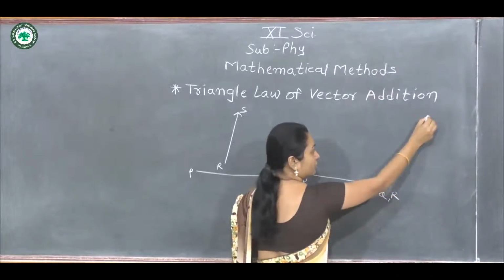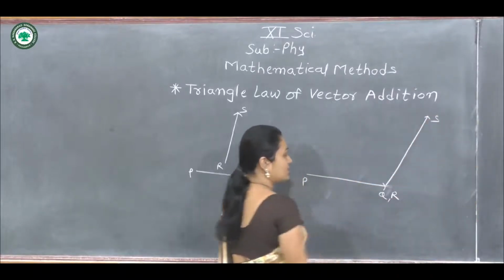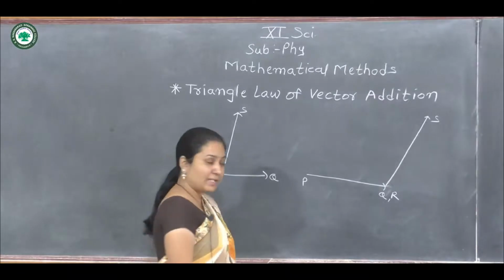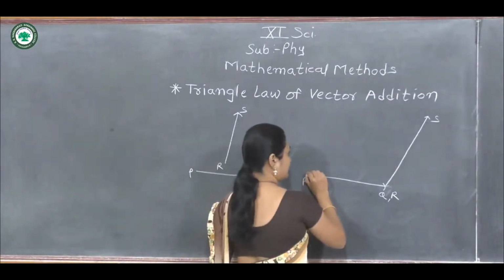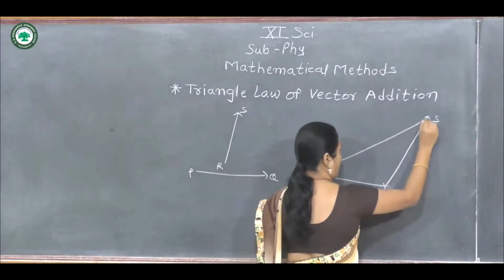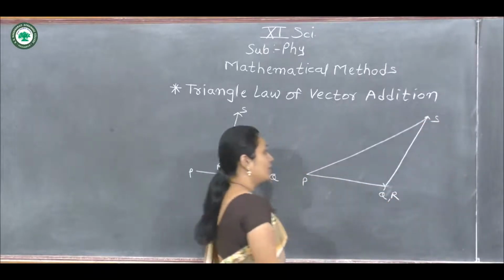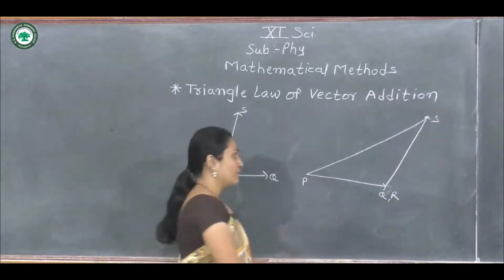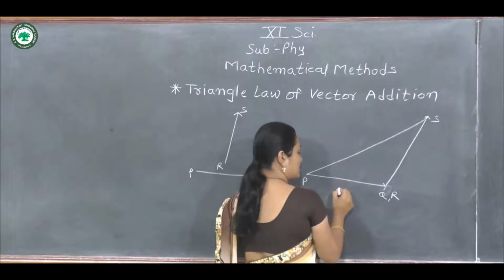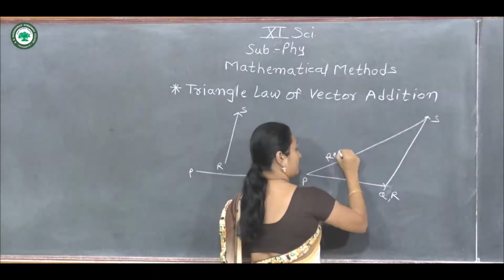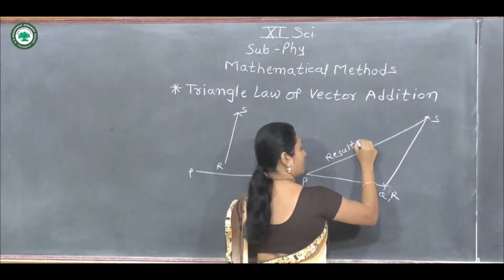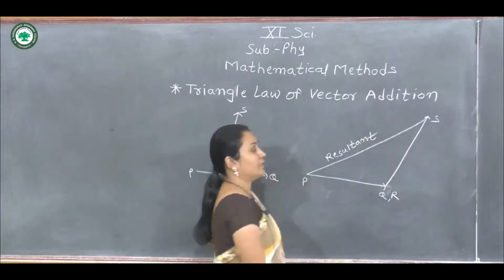This is PQ, this is RS. Then here it gives us resultant.